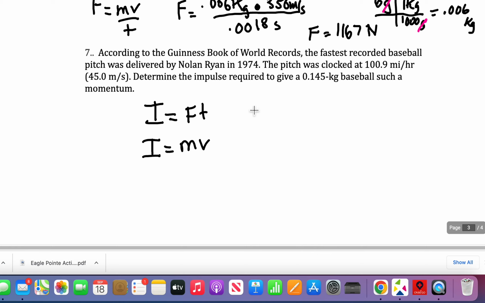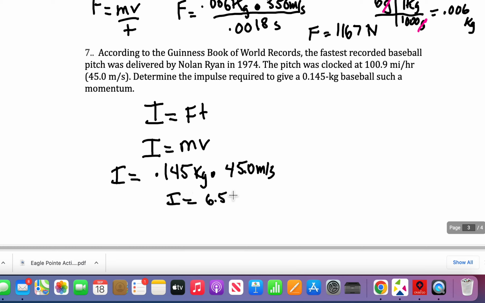So we can just take the mass, 0.145 kilograms, times the change in velocity, 45.0 meters per second. So that equals 6.5 kilograms meters per second.